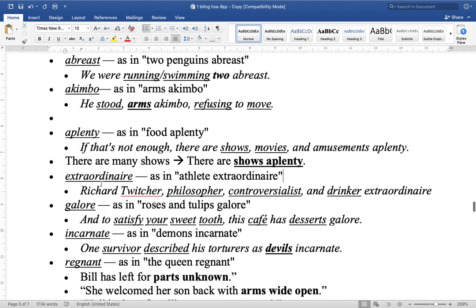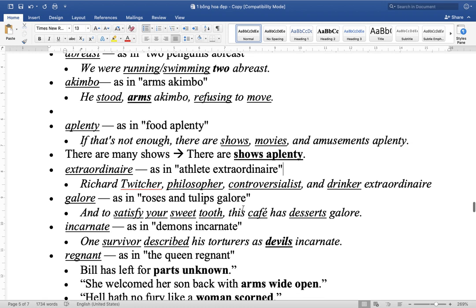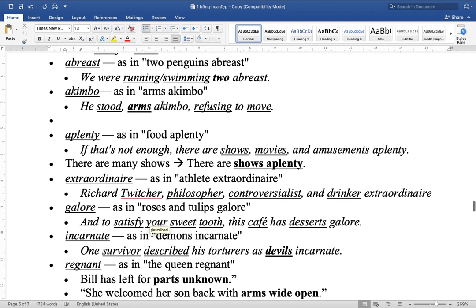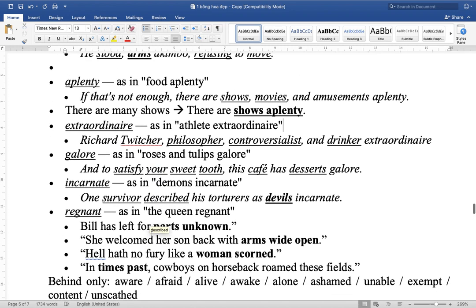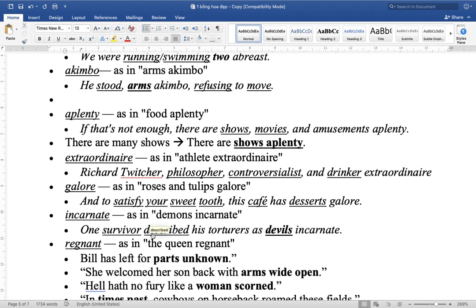Or "extraordinary," okay, "excellent," or "galore." Alright, so you can search for this online or learn in the dictionary. To satisfy your sweet tooth, this cafe has desserts galore. So sweet tooth is for those who like to eat sweet things. It has a lot of kinds of desserts.